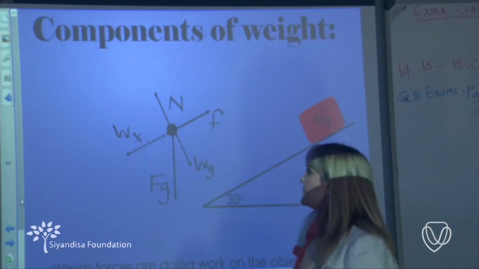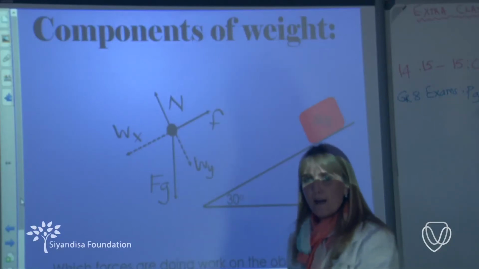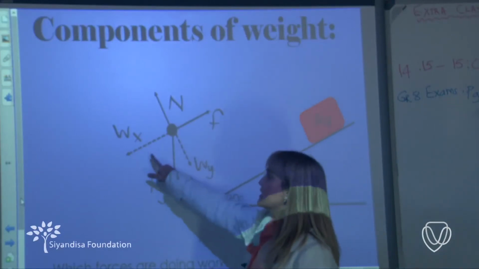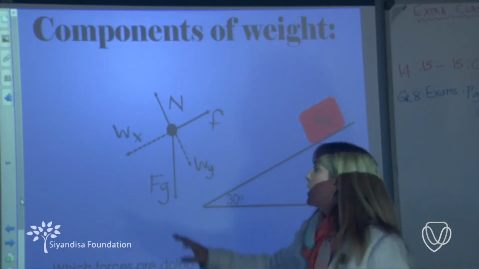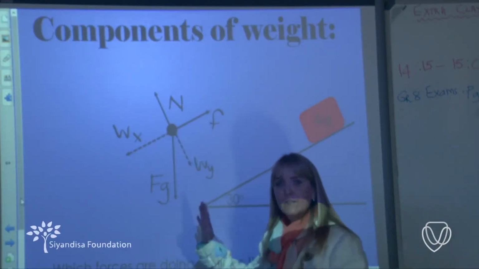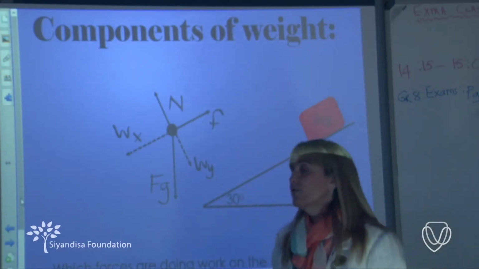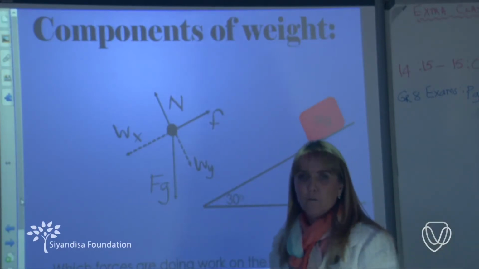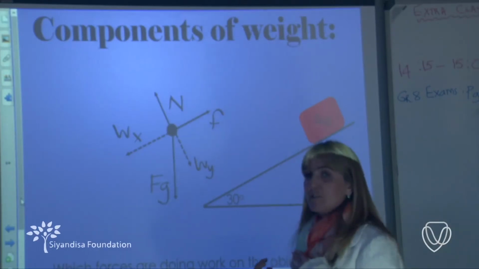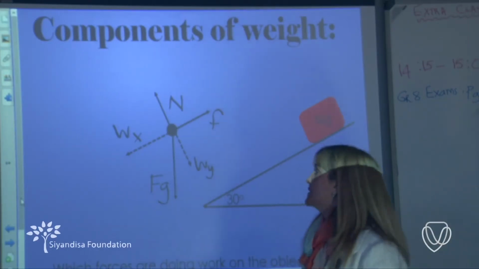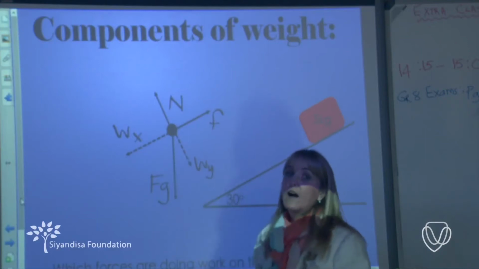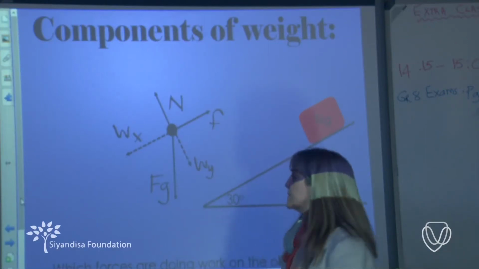Now please remember, if you are asked to draw a free body diagram for marks, you never show the components. You only show the actual force, never the components. But in this question, they are asking you which forces are doing work on the object. So you need for yourself to actually break this down into the components so that you can identify all the forces acting on the object.